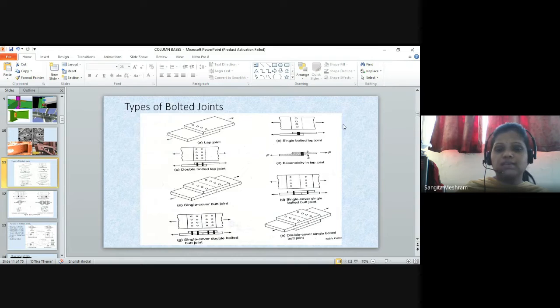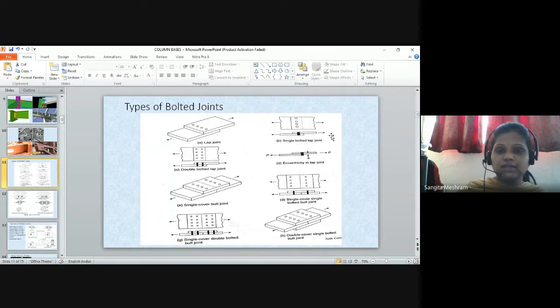These are the types of bolted joint. It may be a single lap joint or double lap joint, a single bolted lap joint or double bolted lap joint. In single bolted, we are providing a single line of bolts, and in double bolted lap joint we are providing a double line of bolts.